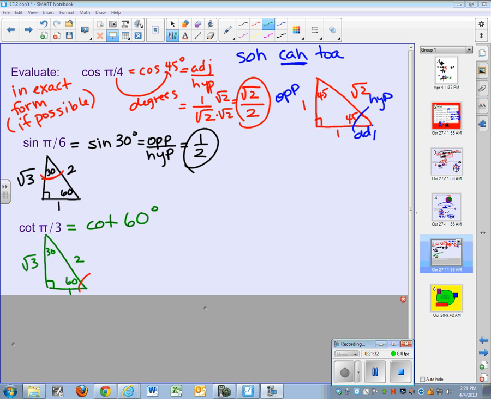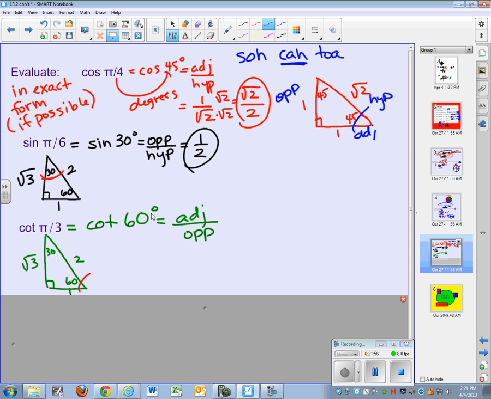Now we're using 60 instead of 30. Okay, so cotangent. Well, first we need to think, cotangent is a reciprocal of what? Tangent. And tangent is opposite over adjacent. So cotangent is going to be adjacent over opposite.